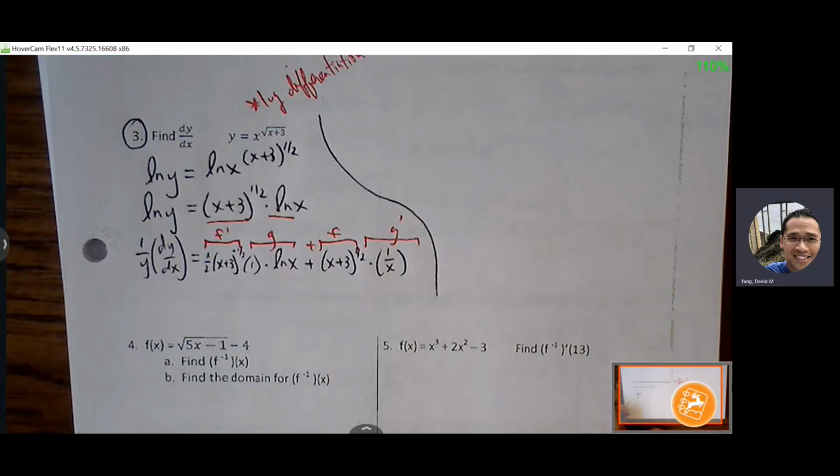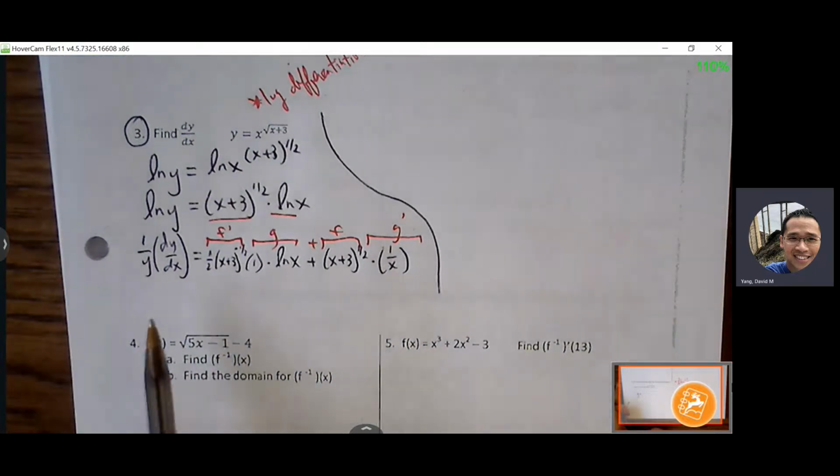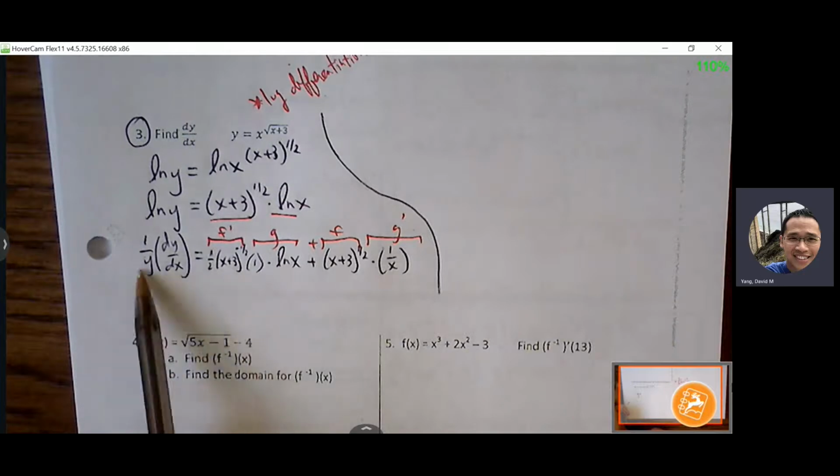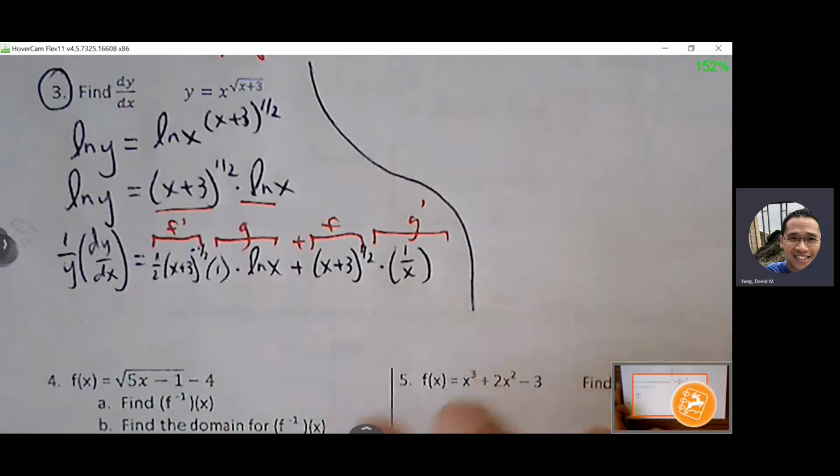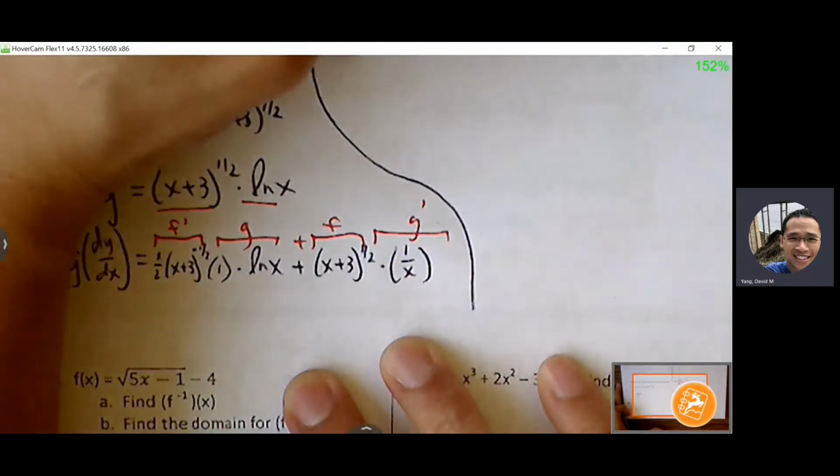Yeah, your log differentiation will just be messy, which is okay. We'll bring the y over to the right side. And then just leave it as one big mess. But remember, we can bring the original problem back into our derivative.